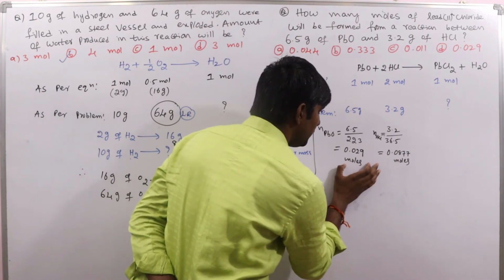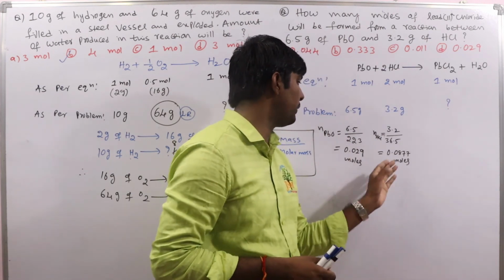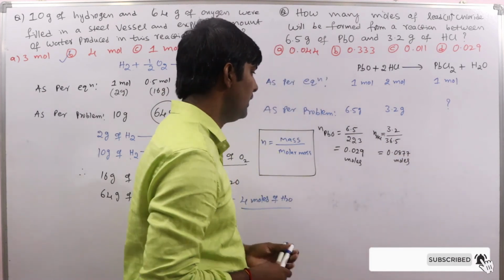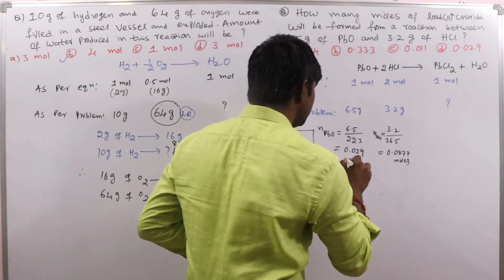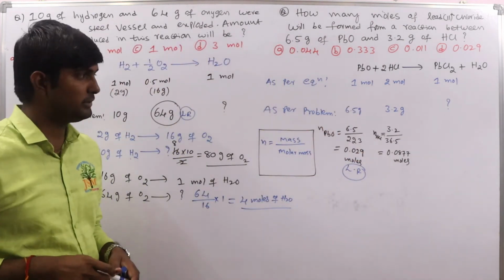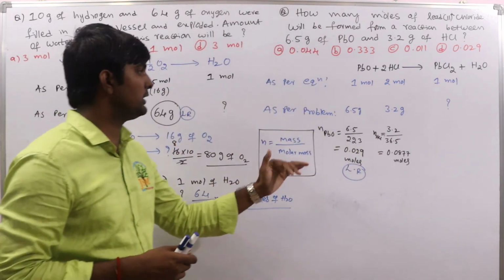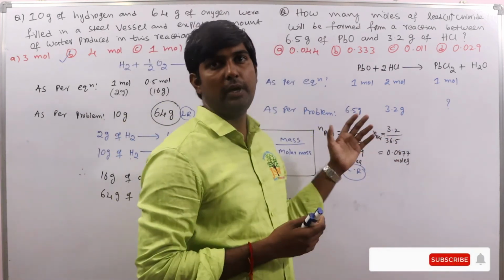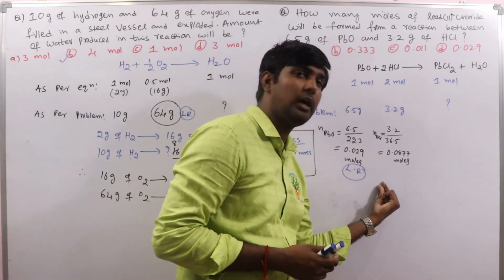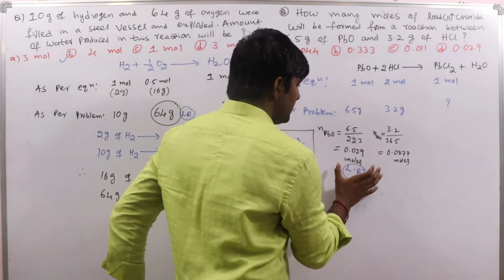For 0.029 moles we need 2 into 0.029 moles, that is 0.058, but here 0.0877 is provided. So the lead oxide is the limiting reagent, because the HCl is more than required. I have already explained the other method; this is another way we can solve it, by finding the number of moles. Clear? But this is the limiting reagent.